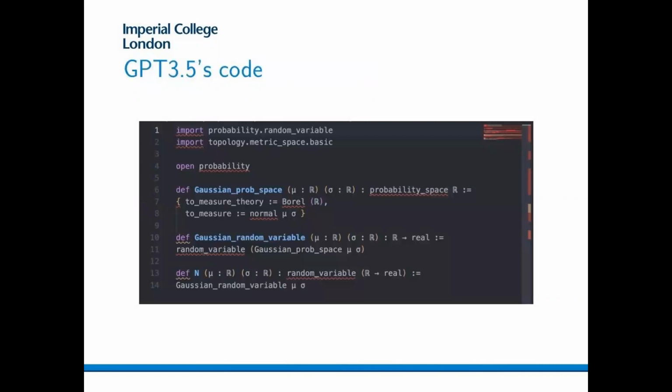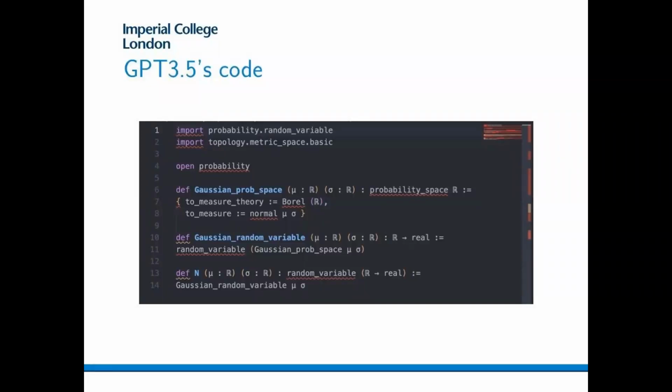Here is some code provided by ChatGPT 3.5 about Gaussian measure, and we really got some errors here, they are all red. We got some import errors, and we opened something but didn't end it. ChatGPT will always assume that we have some theorems.